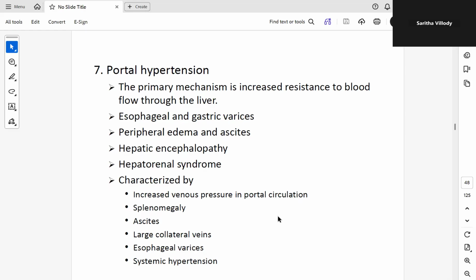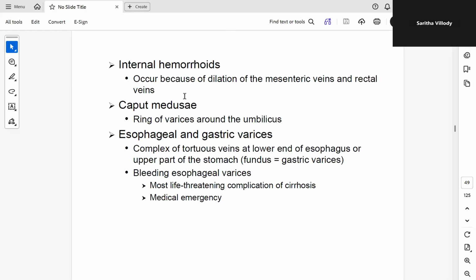As a result, we can also see that patients develop hemorrhoids. They might have this feature called caput medusae, which usually we see in pregnant ladies. There are varices around the umbilicus. All of this is related to the internal hemorrhoids. All of this is related to congestion in the gastric circulation, because of high pressure in the portal circulation, it affects the other circulation too.